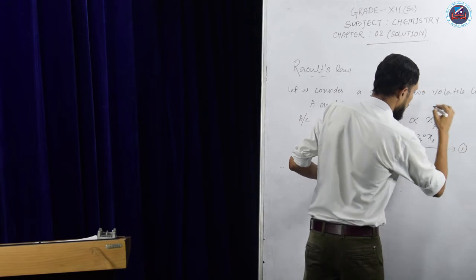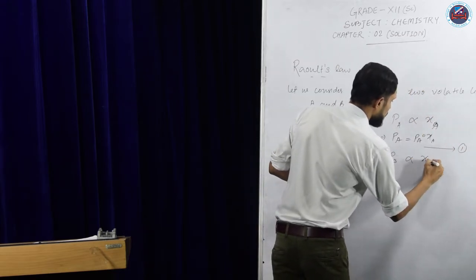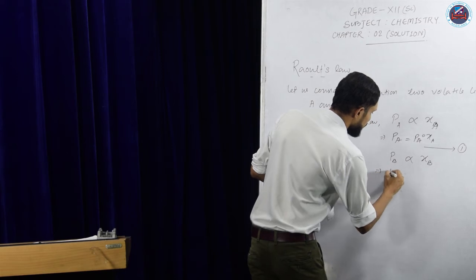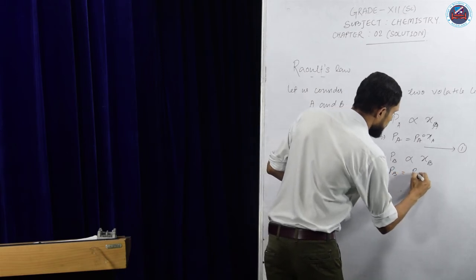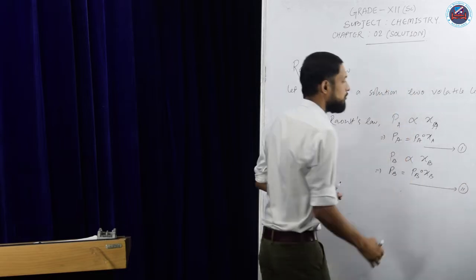Let this be equation 1. Similarly, PB is directly proportional to mole fraction of B. PB is equal to PB naught XB, that is mole fraction of B. Let this be equation 2.